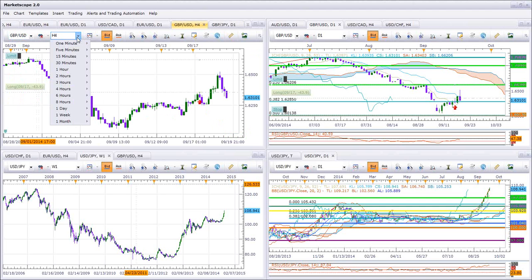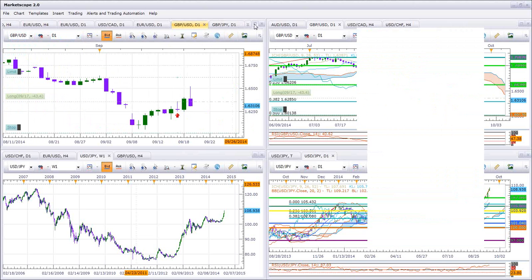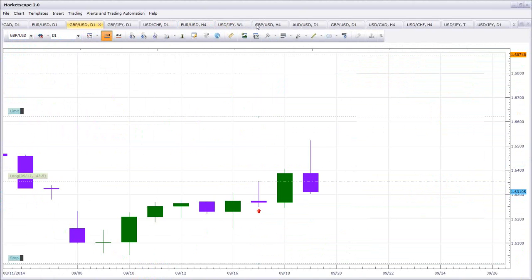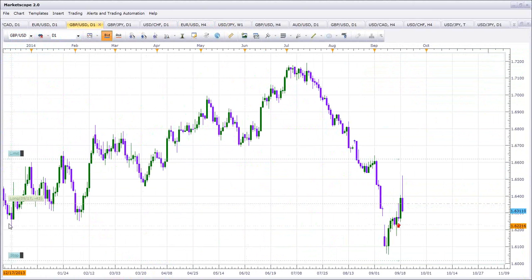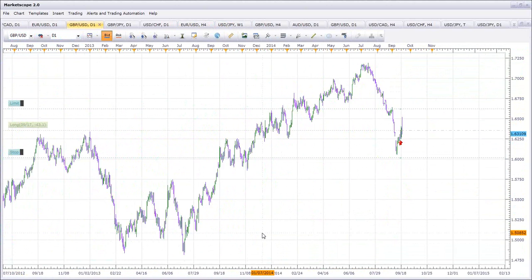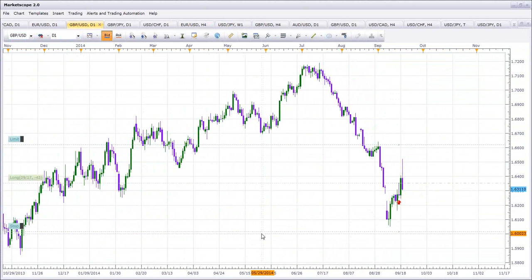For example, let's say we're looking at the pound-dollar pair on a daily chart. This is what a Forex platform looks like, and the chart shows how the pair has been moving throughout time. We are going to talk about how to analyze this chart that, if you see it for the first time, may not make much sense.